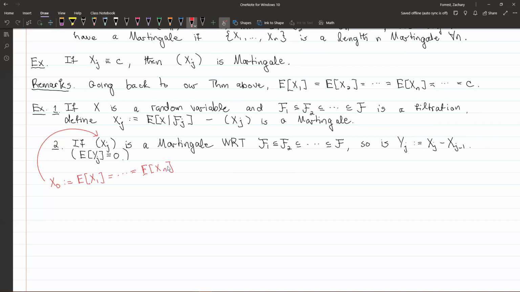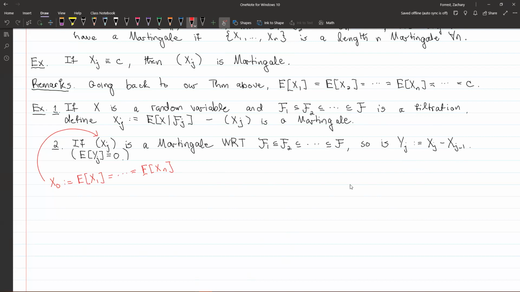And if I make this definition and include x naught as a part of our slightly adjusted martingale sequence, then I can create a brand new martingale sequence by defining y to be given by the difference of consecutive terms of our original martingale sequence x. Still seem pretty good?